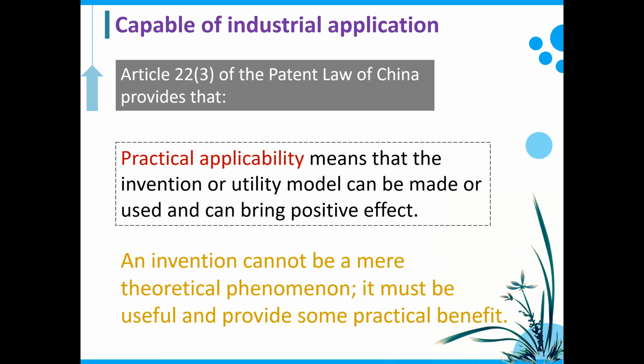The invention or utility model can be made or used. It means the invention can be enabled. It means you can make a new device which is functioning. You make it and let us see it.